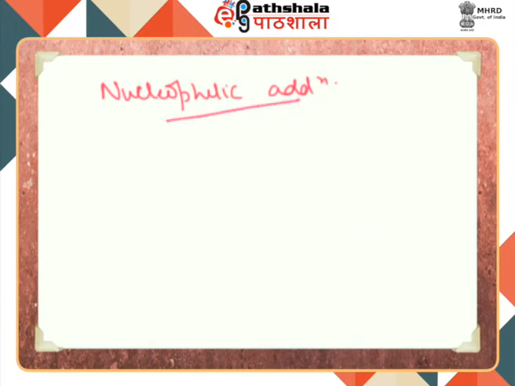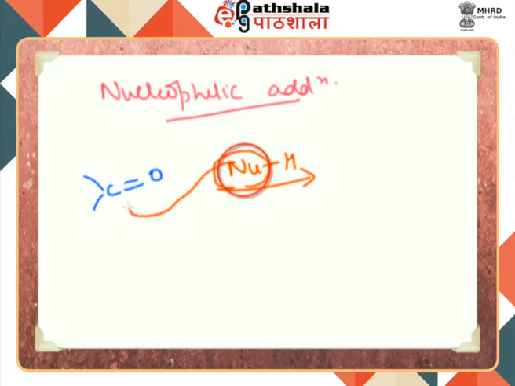Nucleophilic addition is most common in carbonyl additions, that is when you have the aldehydes or ketones, and if you add a nucleophilic reagent, the nucleophile part attacks on the carbonyl carbon because it is electron deficient, oxygen is electron rich, and as a result what we have is the formation of this anion.